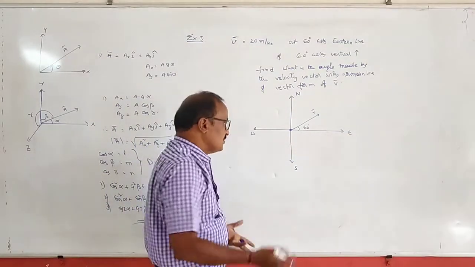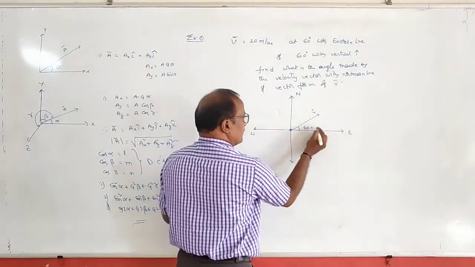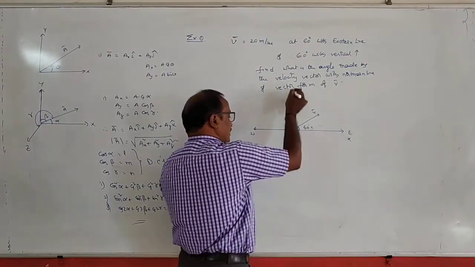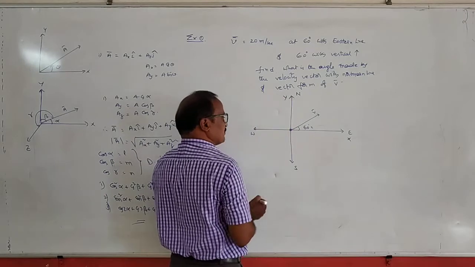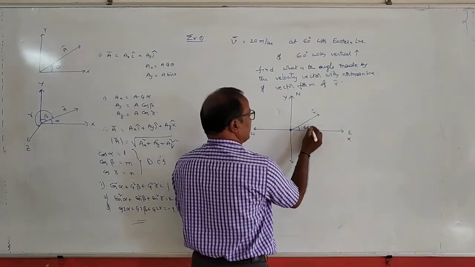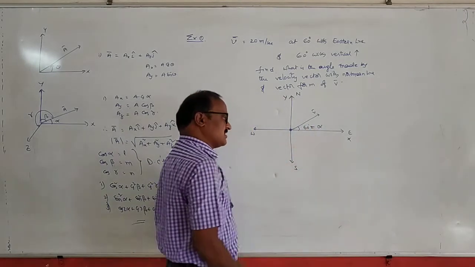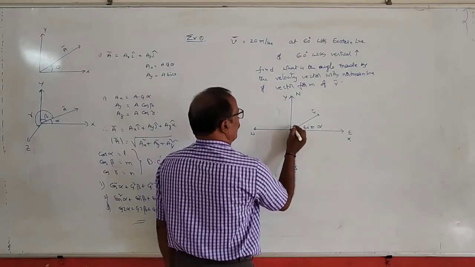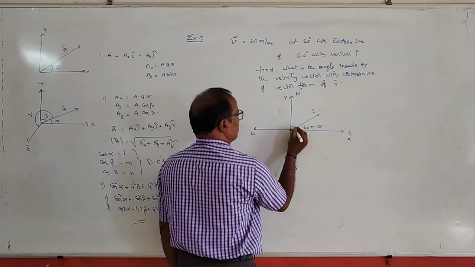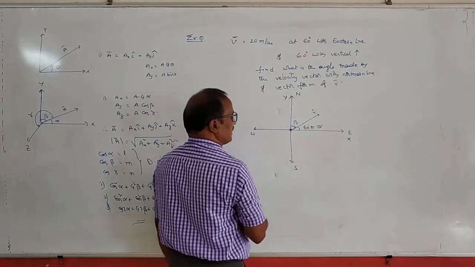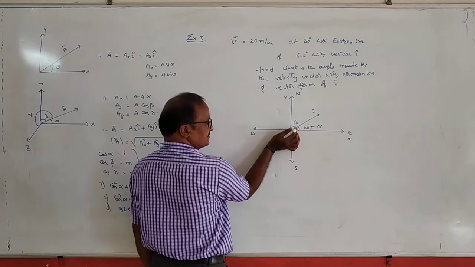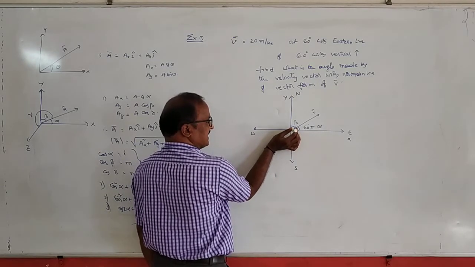Suppose the east-west line is taken as the x-axis, and north-south is taken as the y direction. This 60 degrees can be taken as alpha. The angle made by the velocity vector with the y-axis is beta, and the vertically upward direction is the z direction.